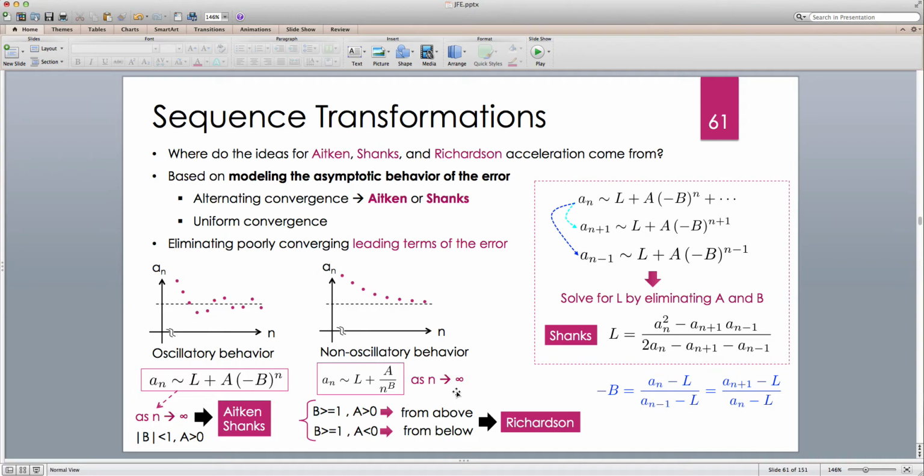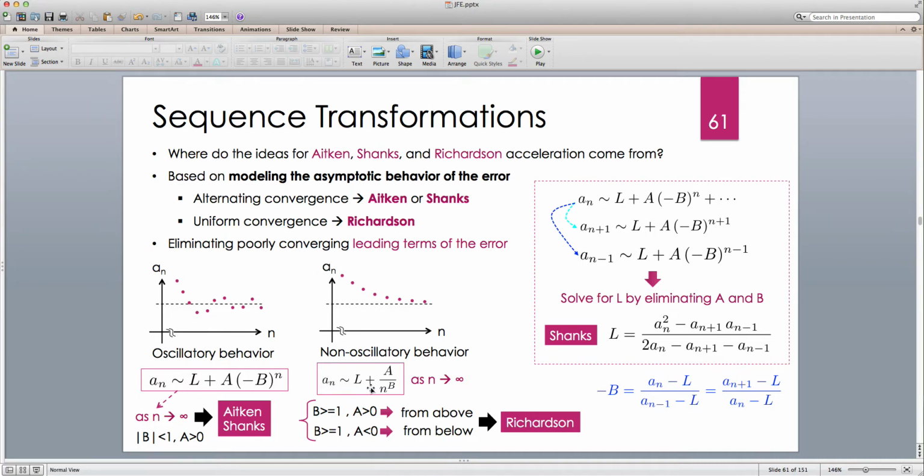It's better to end up with n to the b plus 2, etc. So if you have a uniform convergence, something like this, typically in engineering or physics problems, we do Richardson. And so the way we transform this sequence is that we write the n-th term, L plus a over n to the b, and then we multiply it by n.